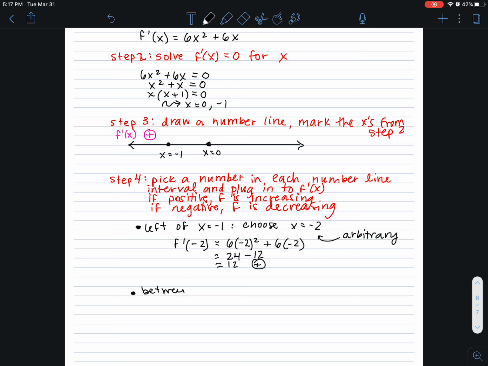So between x equals negative 1 and x equals 0, we're going to choose x equals negative 1/2. Kind of a gross number, but we'll make it work. f prime of negative 1/2 is equal to 6 times negative 1/2 squared plus 6 times negative 1/2.